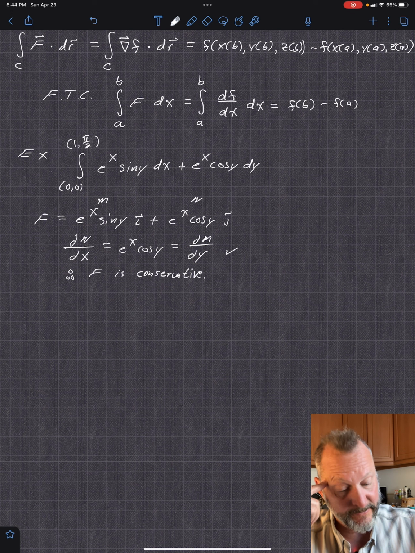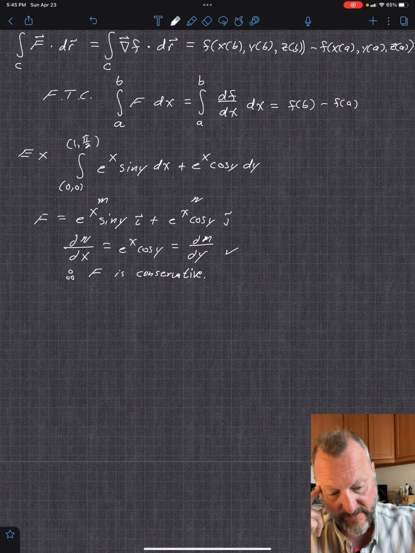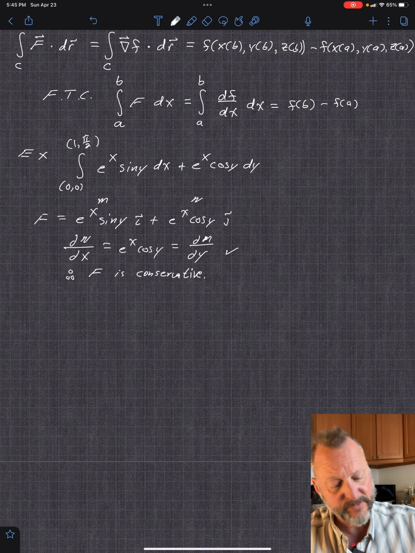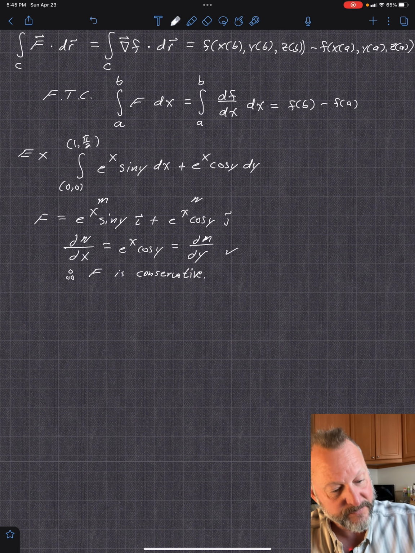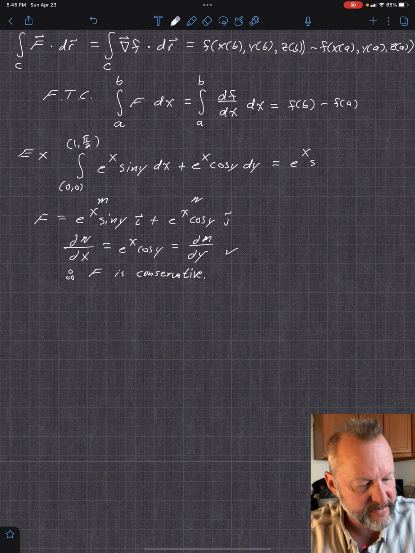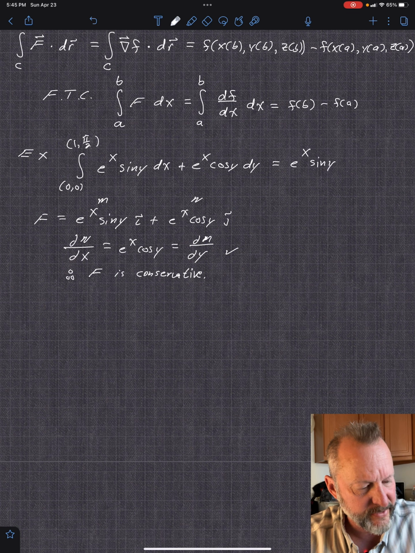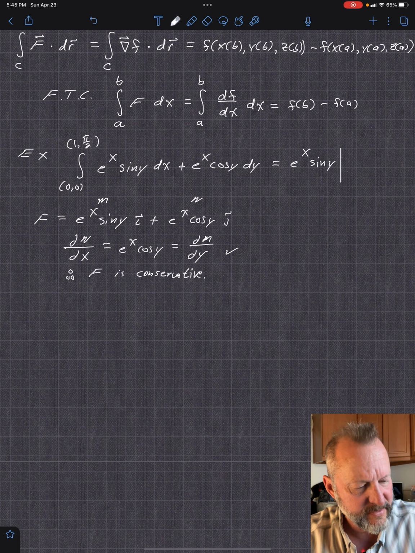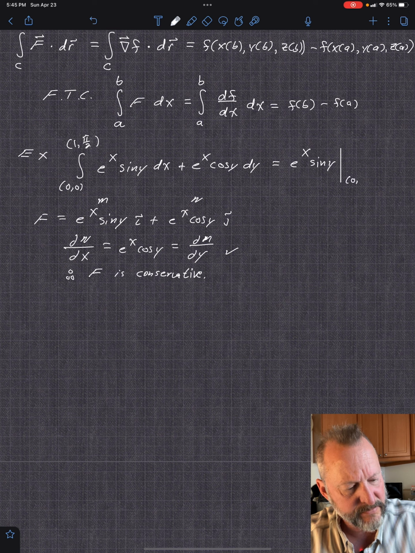And so that is going to be your potential function, e to the x cosine y. Oh, I'm sorry, e to the x sine y. So this is equal to e to the x sine y, and then you evaluate that from 0 to pi halves.